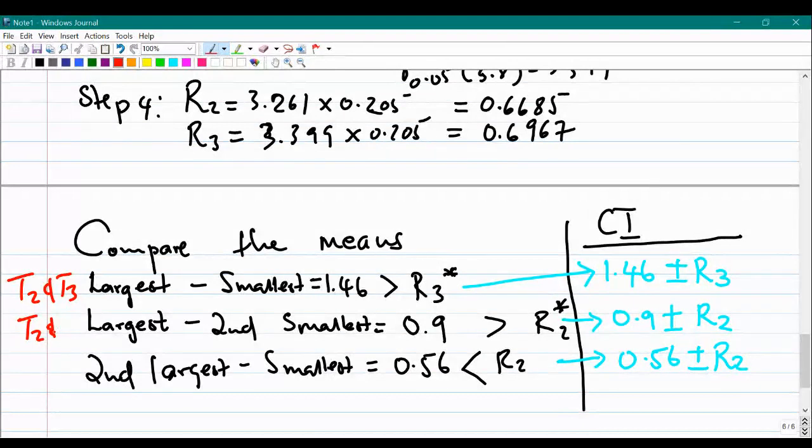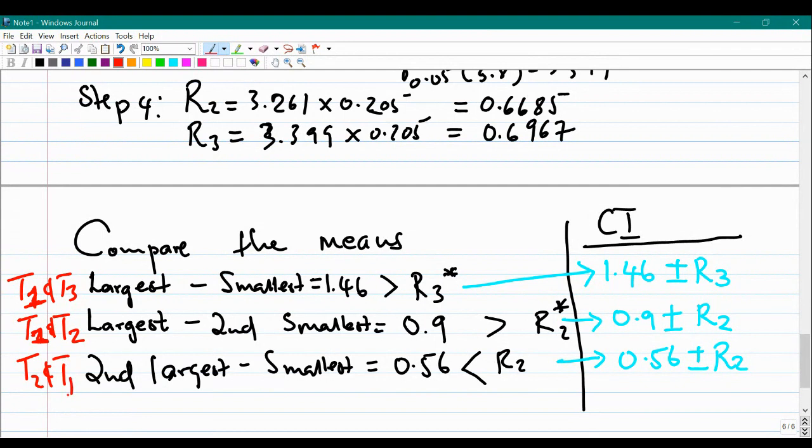Am I right, guys? Oh, this is T1. It's T1 and T3. And T1 and T2. And the last one is what? T2 and T1.